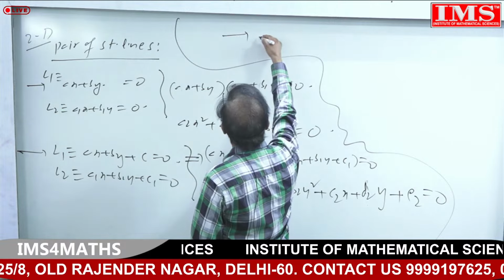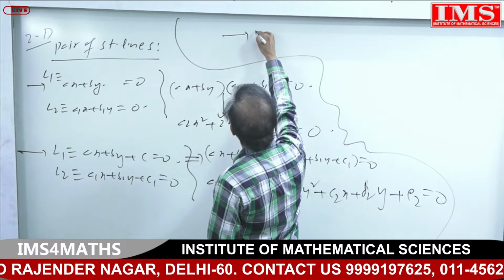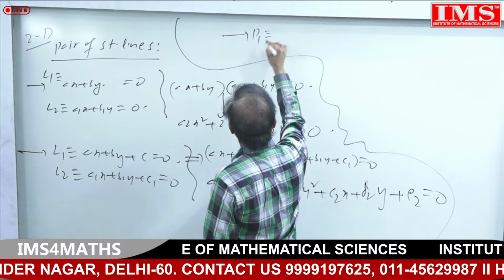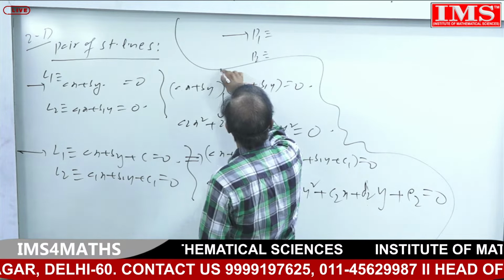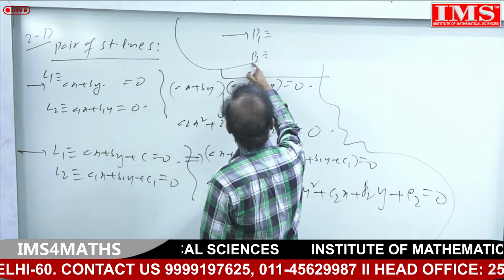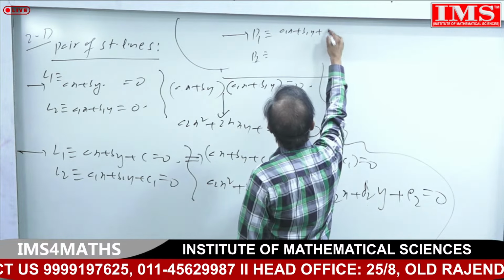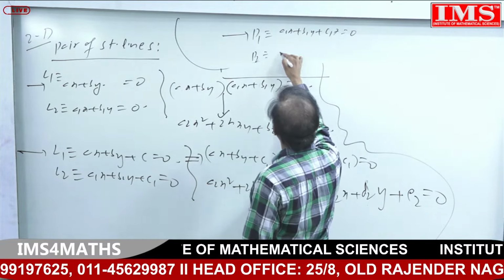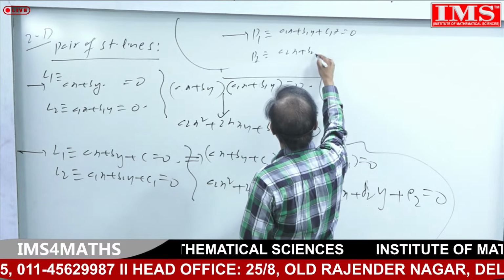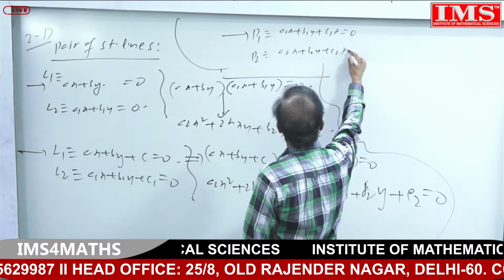Yeah, here, P1. What does P1 represent here? Plane 1, isn't it? A1x plus B1y plus C1z is equal to 0. A2x plus B2y plus C2z is equal to 0.